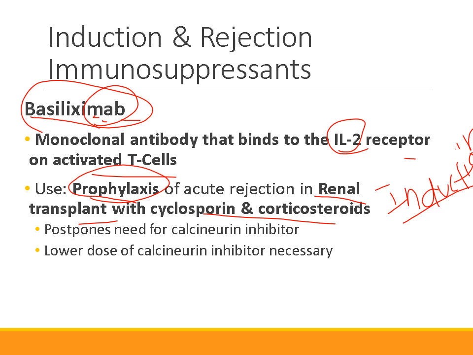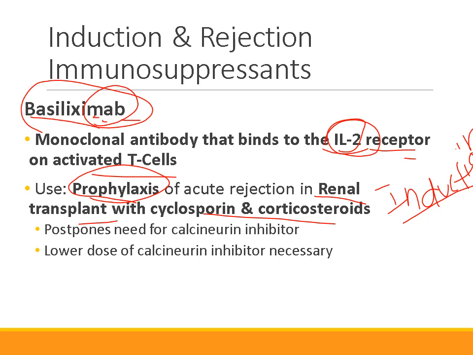So it binds to the interleukin-2 receptor on activated T cells. The interleukin-2 receptor, that's the CD25, that's where the T cell gets stimulated to proliferate, right? Remember, when we first activate the T cells, they end up producing interleukin-2, and that interleukin-2 is released. It goes and binds to the interleukin receptor on T cells, and that's what actually tells them to start dividing, right?